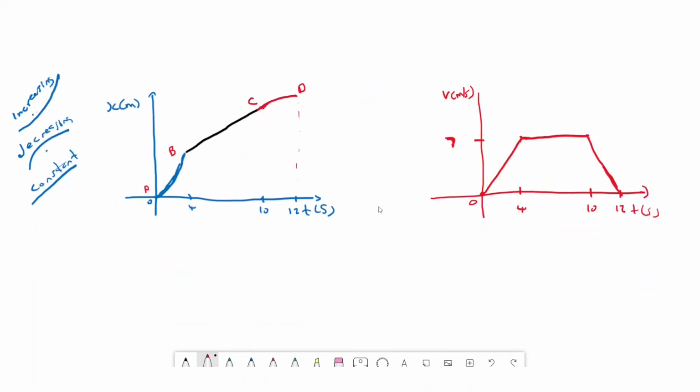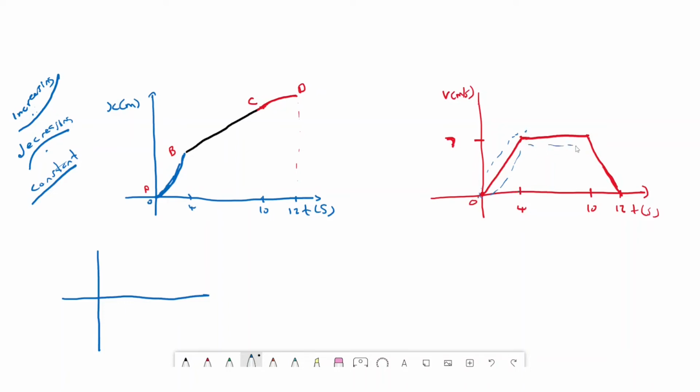Now how does the acceleration time graph look like? Let's see the acceleration time graph. Remember what we said the acceleration is. If I have this velocity, for instance, if I take the slope of this line, it's going to give me the acceleration between 0 and 4.